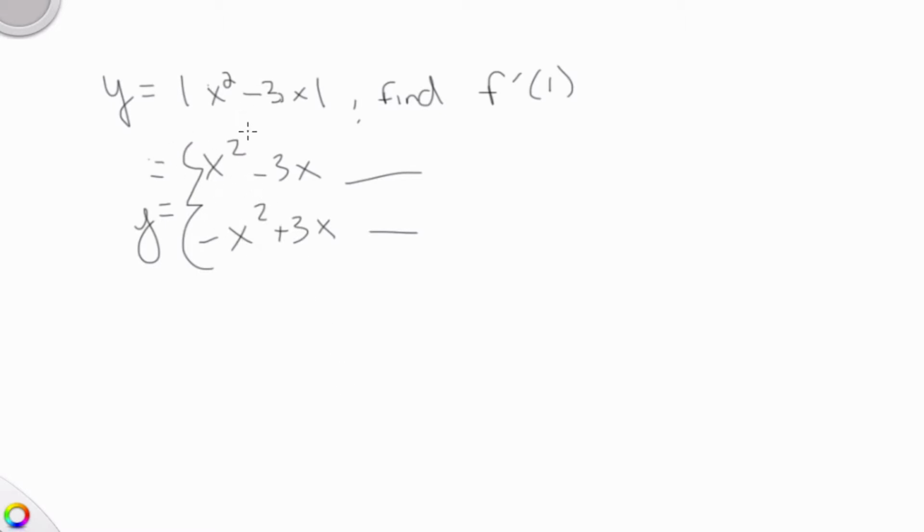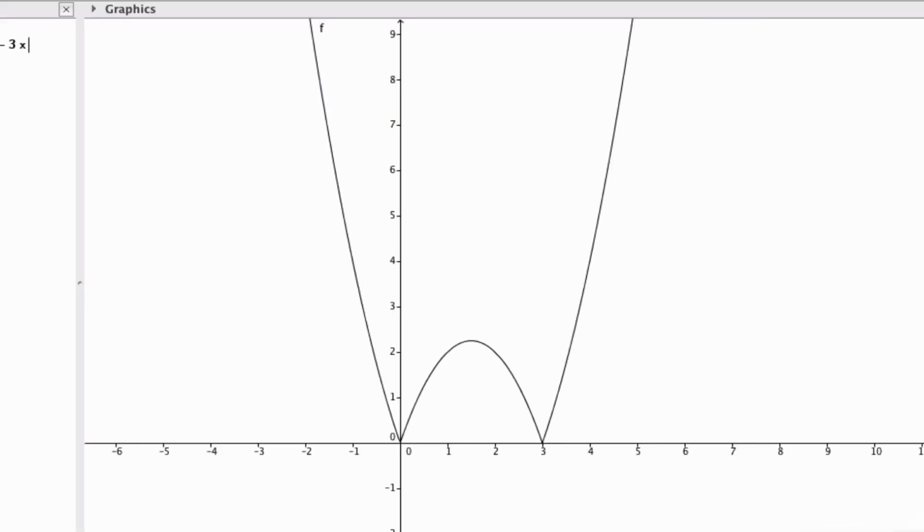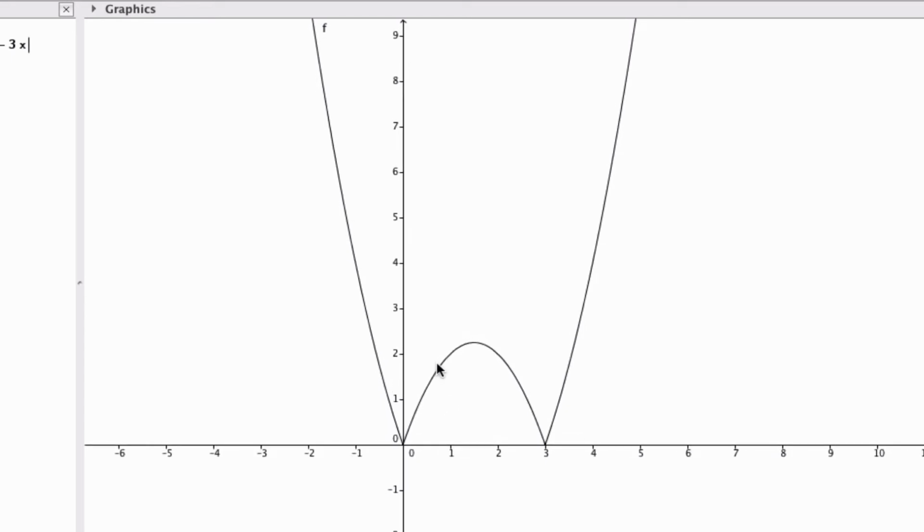But what I did want to show you was really the visual on this whole thing. So I just made a graph. Obviously, you couldn't do this because this was a non-calculator portion of the test. But if you look at it here, you can clearly see that at 1, you're going to have a positive slope.